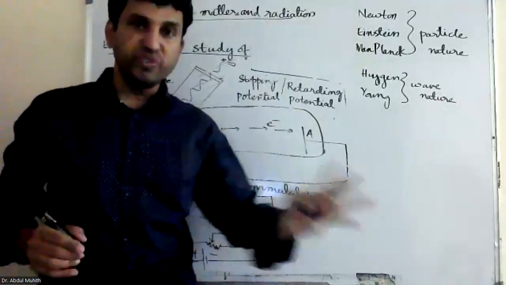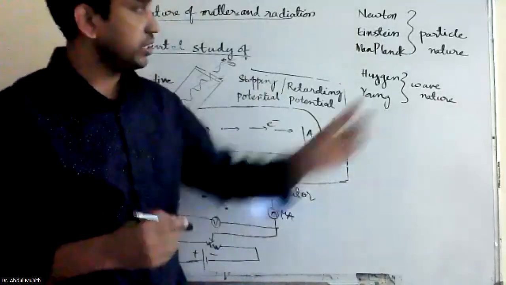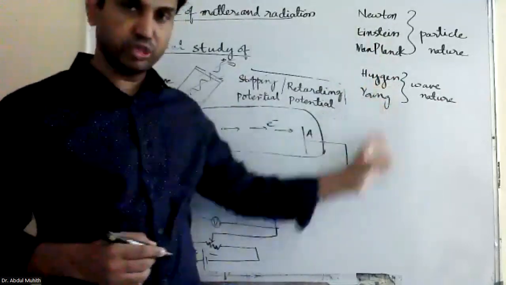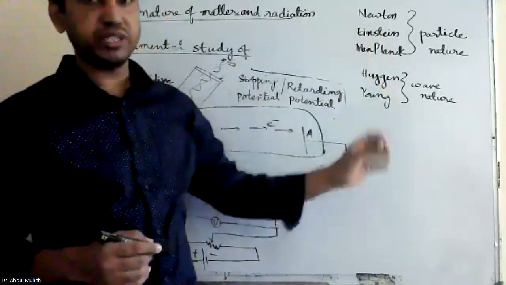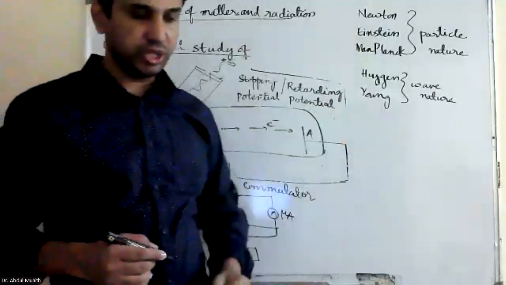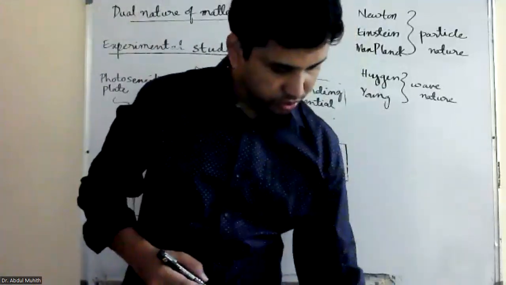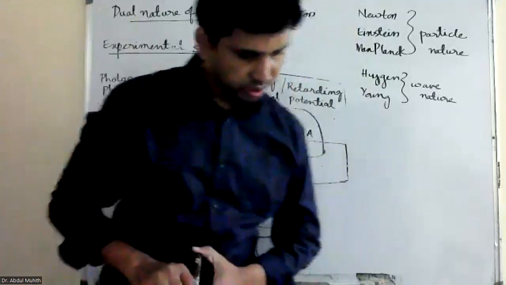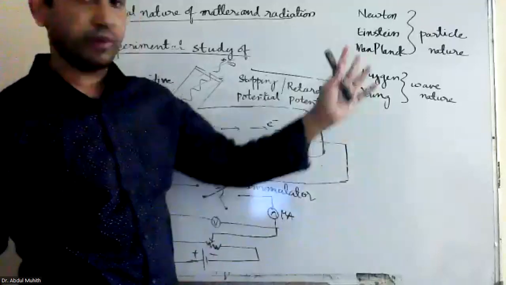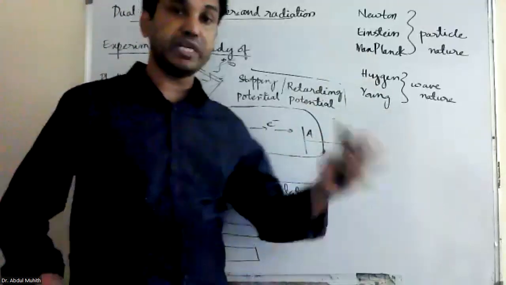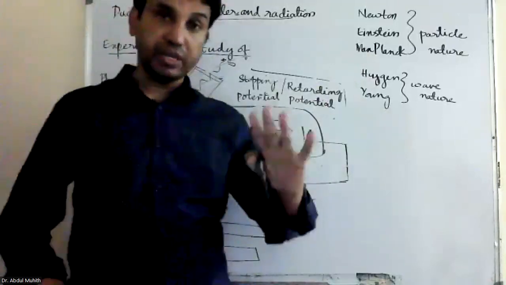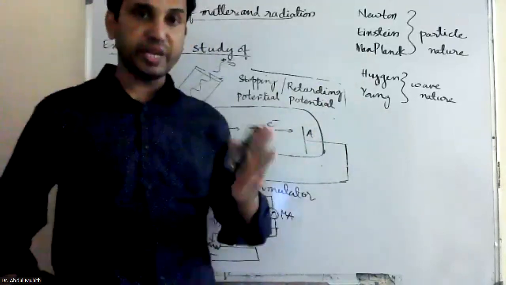There are 5-6 scientists who supported the particle nature of light, and 5-6 people who supported the wave nature of light also. By the end of the topic, we will come to know what exactly light is, whether it is particle nature or wave nature, and how it is so. We also have to prove it experimentally, not only on a theoretical basis.